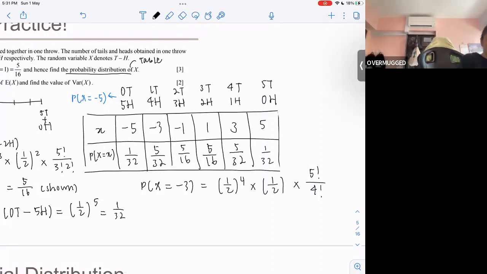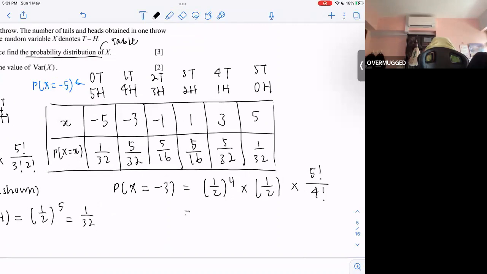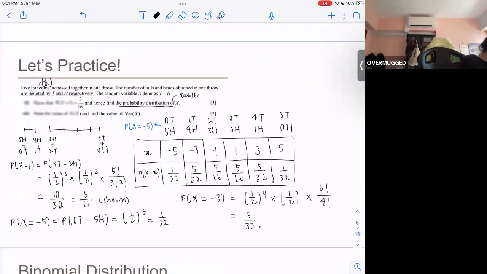So with that, you would have gotten your 5 out of 32. Just like that, you have already completed the first part, proving that the probability of x being 1 is 5 out of 16, and tabulating the probability distribution table.